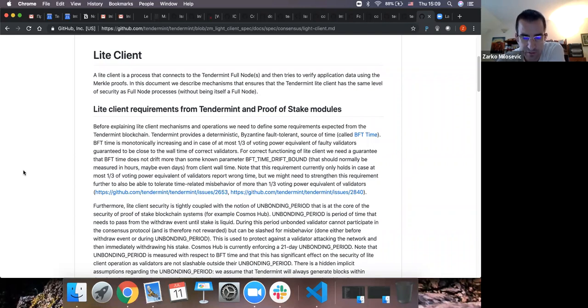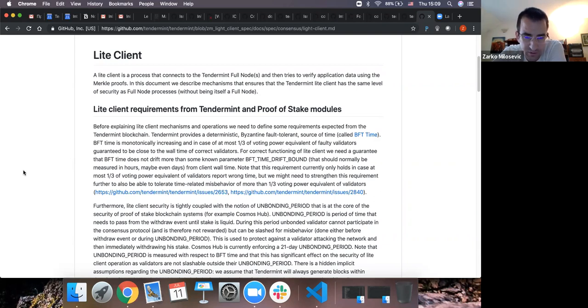And also a very important notion related to the unbonding period is the concept of BFT time. Tendermint provides a Byzantine fault-tolerant deterministic source of time, which is currently implemented by a weighted median, and it guarantees that the time is monotonically increasing, and also that if our assumption on the maximum number of faulty processes holds, the time is between the wall times of correct validators.